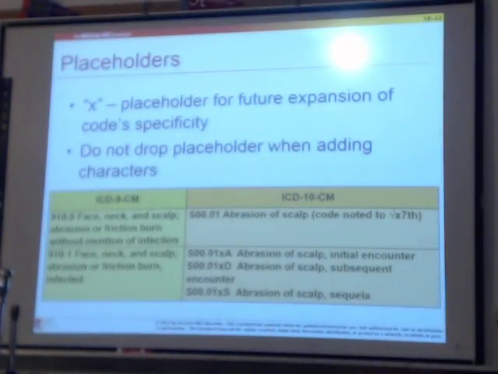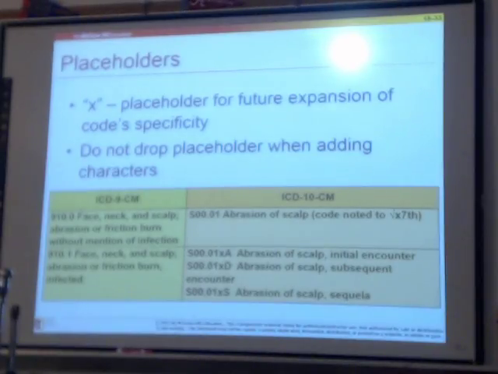Now, sometimes there are X placeholders, and they are there for future expansion for more specific codes. We do not drop the placeholder when we add characters. The placeholders stay there. On the left, ICD-9 was face, neck, or scalp abrasion, or friction burn without mention of infection.